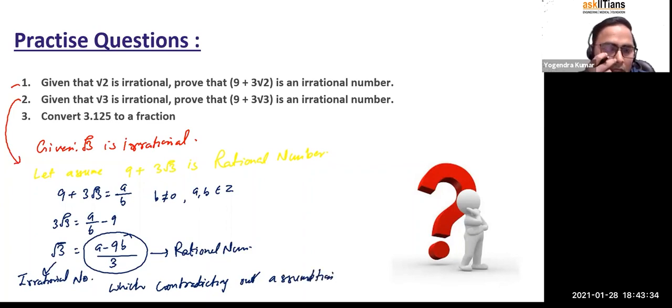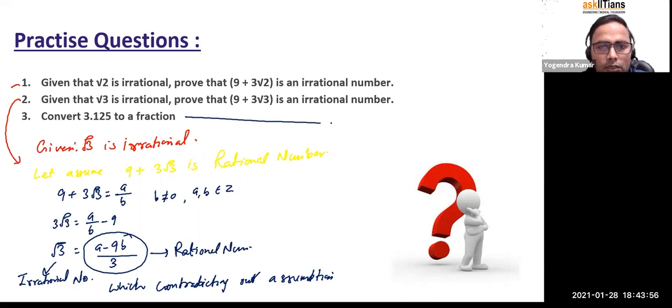So 9 plus 3 root 3 is not a rational number, it is an irrational number, right? You obviously need to write steps like it is given in the previous solution. I'm just explaining briefly. I think you can write down these steps, right?